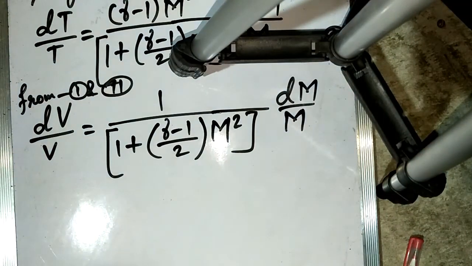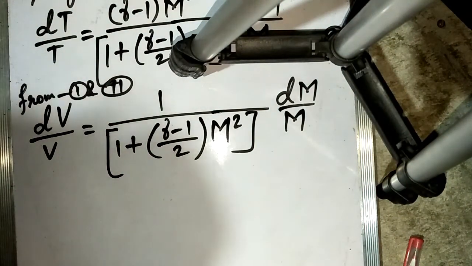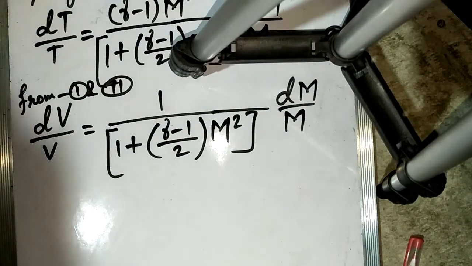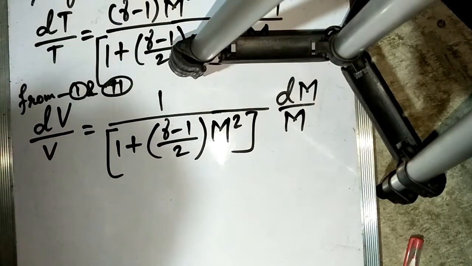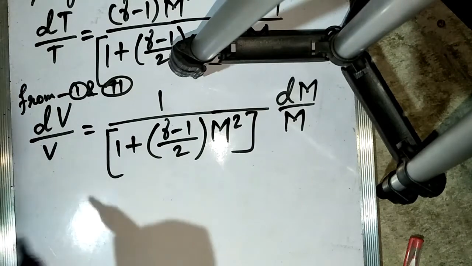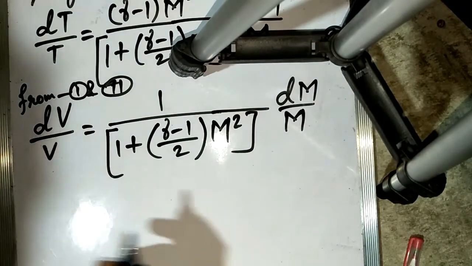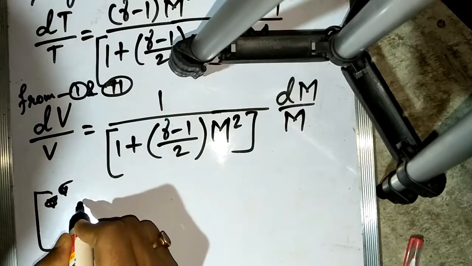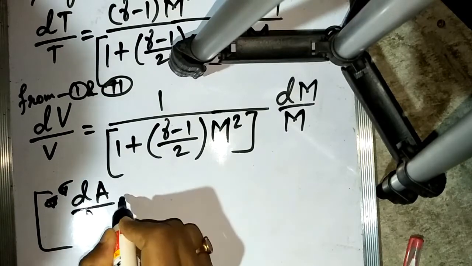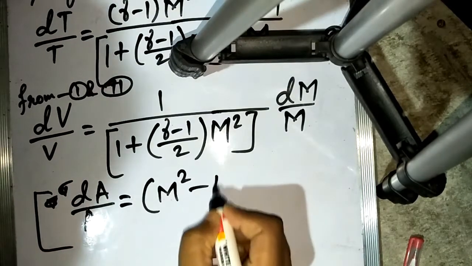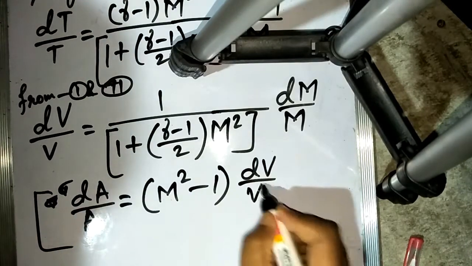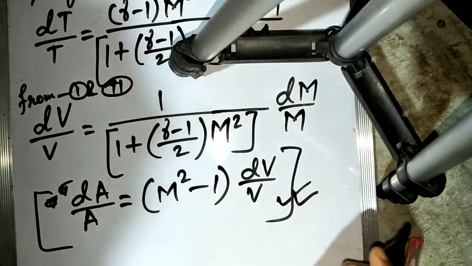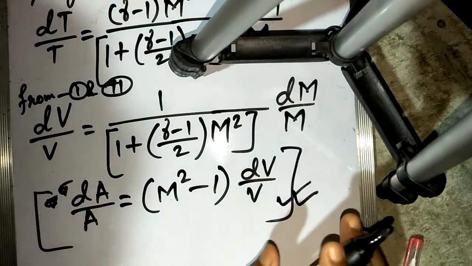Now a relation between dV/V and dA/A we have already derived in the subsonic and supersonic nozzle section. That relation is dA/A equals (M² − 1) into dV/V. This relation we have already derived in the supersonic and subsonic nozzles section.